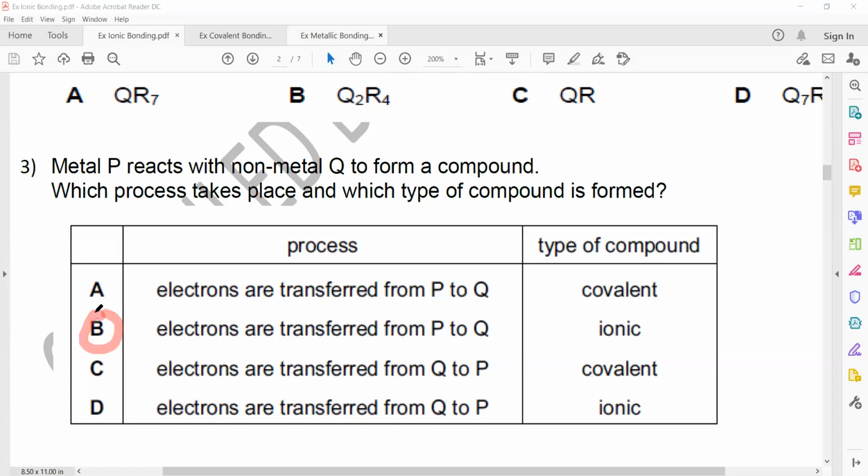That's correct, because metals tend to lose electrons, so electrons transfer from P to Q, and it will be ionic. Whenever there's a transfer of electrons, the compound will be ionic.